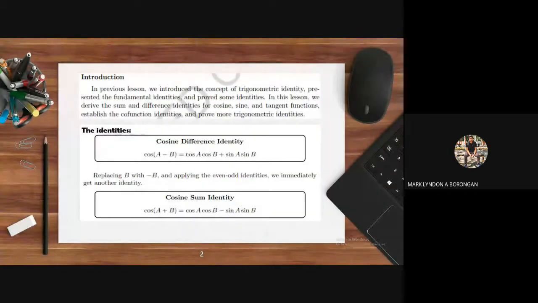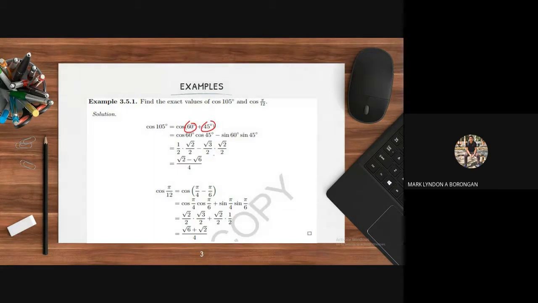So using the sum, all you have to do is to find the cosine of the first angle times the cosine of the second angle plus the sine of the first angle multiplied by the sine of the second angle. Imong buhaton ani is just simply use the calculator lang.